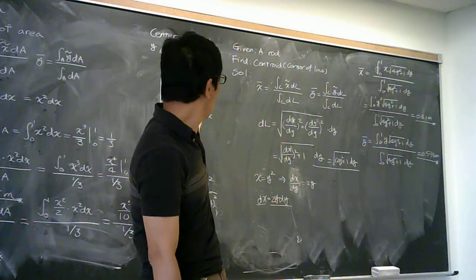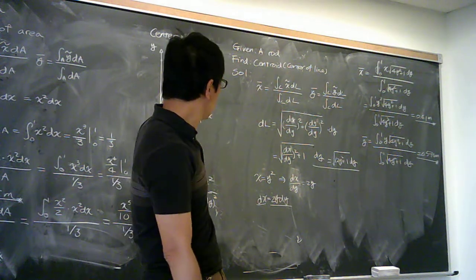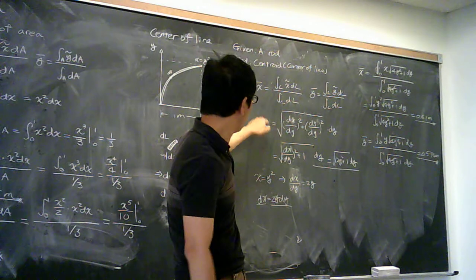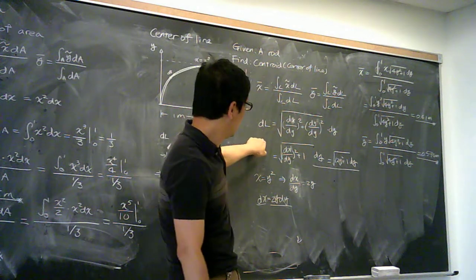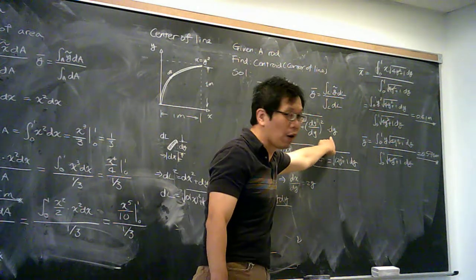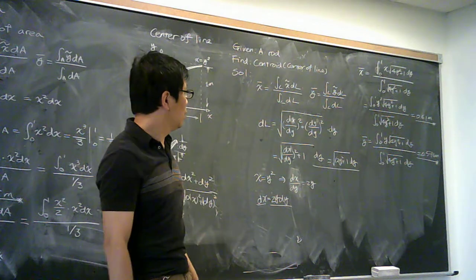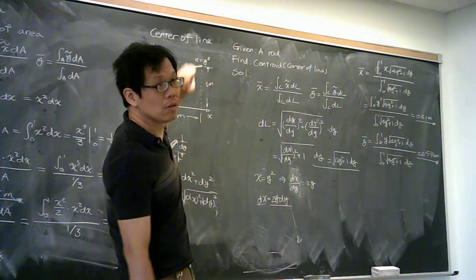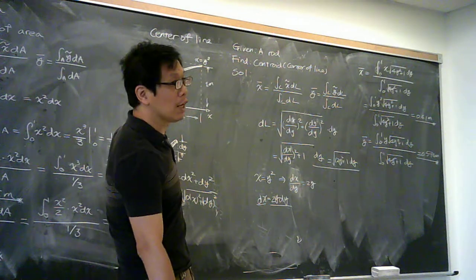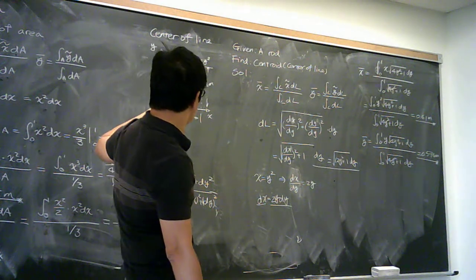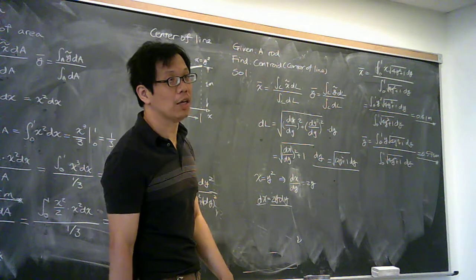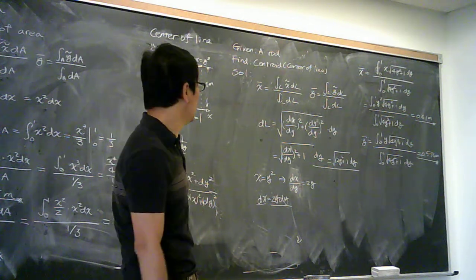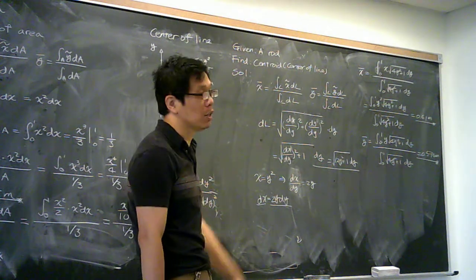But as long as you find how to convert, in this case, dl as a function of dy, then you just integrate along the y-axis, and you'll be done. If you prefer to do it in terms of x, you just find the corresponding functions, and you should be okay integrating everything together.